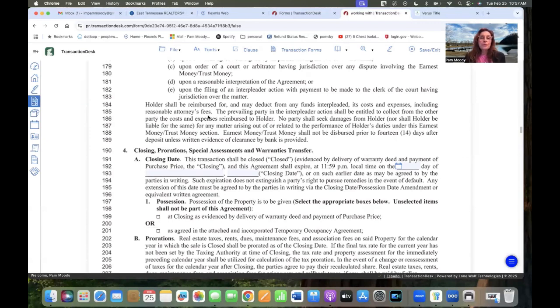Holder shall be reimbursed for and may deduct from any funds interpleaded its costs and expenses, including reasonable attorney fees.